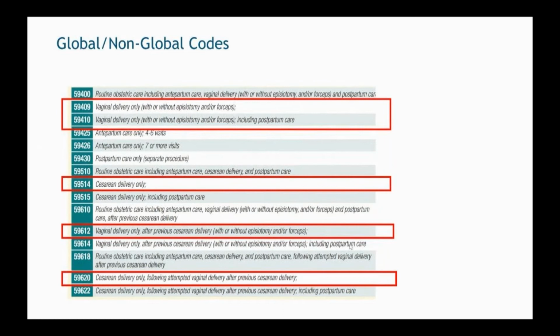So you can see here it's 59409, vaginal delivery only, with or without episiotomy and/or forceps, or 59410, vaginal delivery only, including postpartum care. But again, most insurances want that global billing. I've given you the codes here in case they want you to bill separately outside of the global billing.